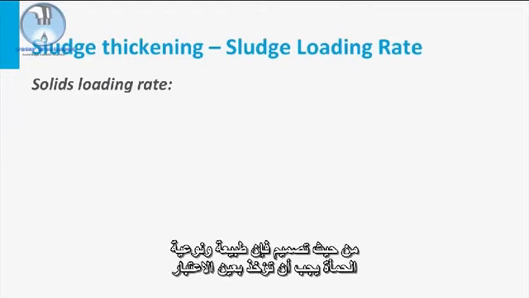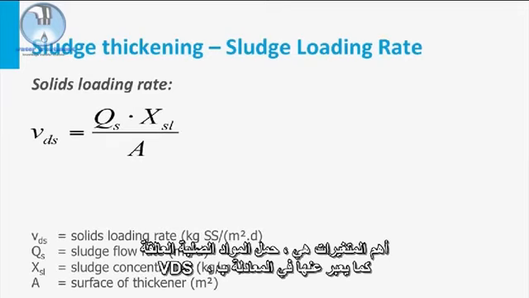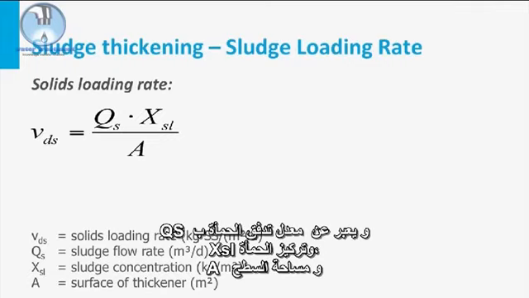In terms of designing, the nature and the quality of the sludge must be taken into account. The most important variables are the suspended solids load, expressed as VDS in this formula, and the sludge retention time. QS stands for the sludge flow rate, XSL is the sludge concentration, and A is the surface of the thickener.